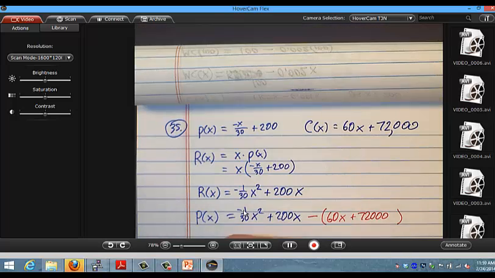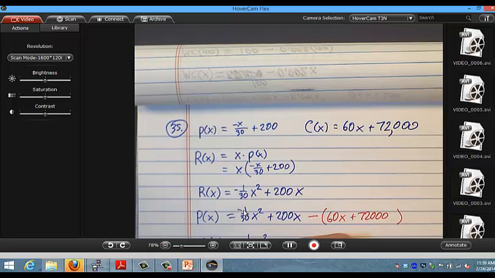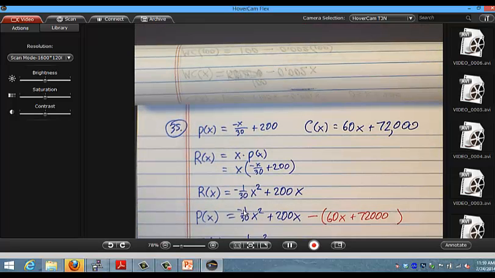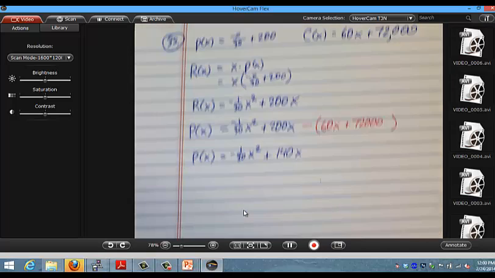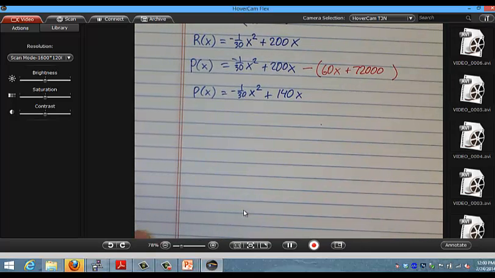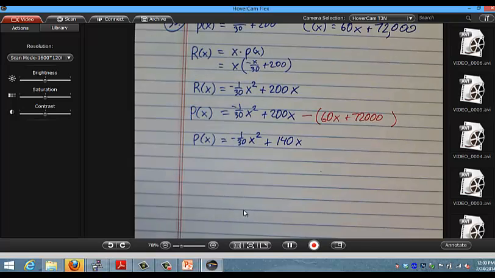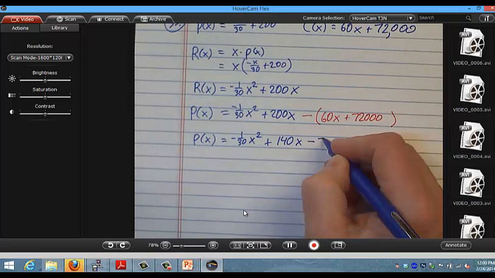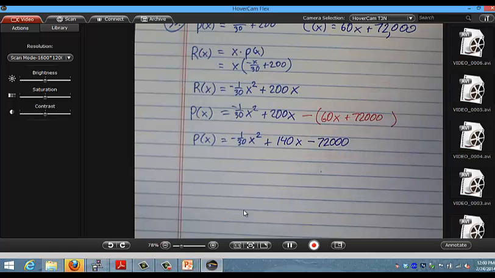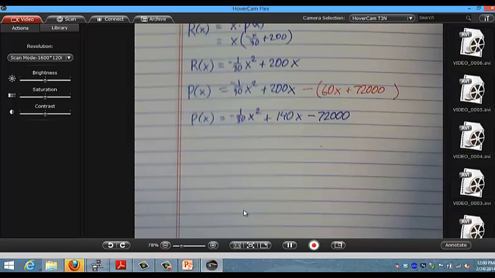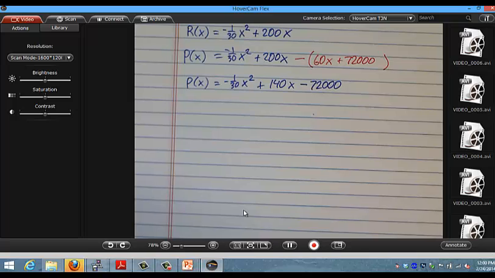So now I'll have the profit function, negative 1/30th X squared, and then what would it be? It'd be plus 140X, right? Plus 140X, and then minus 72,000. Well, that makes sense. Those are the fixed costs. So this is a $72,000 initiative, right? So that's the profit function now.